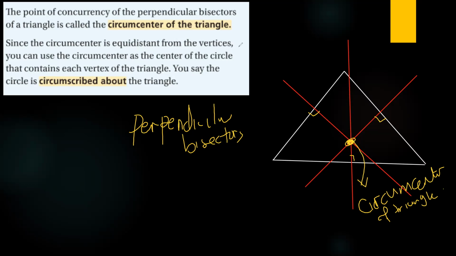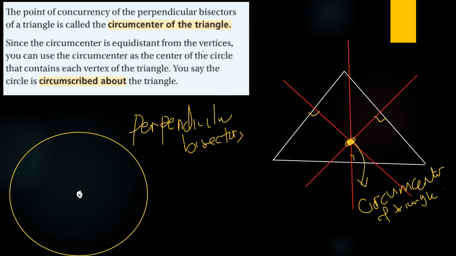Now, all of us know that if we have a circle, and each circle needs a center. For a circle, there's a center, and there's something we call the radius.